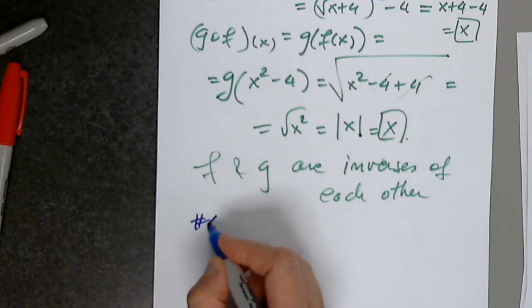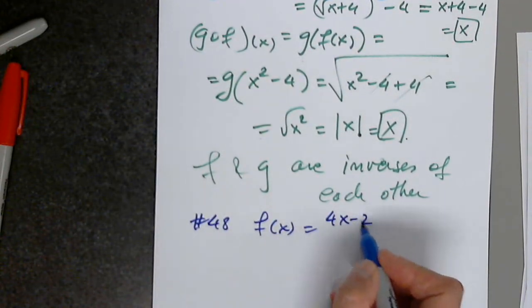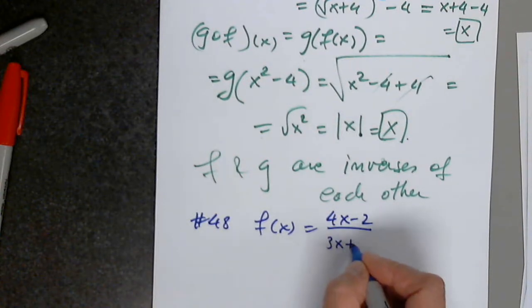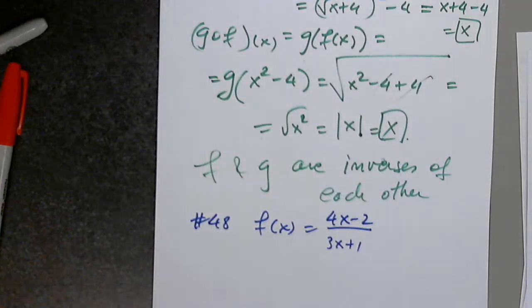So we have 48, which is f of x equals 4x minus 2 divided by 3x plus 1. And find the inverse function of f. So now we should show that the function is one-to-one first.